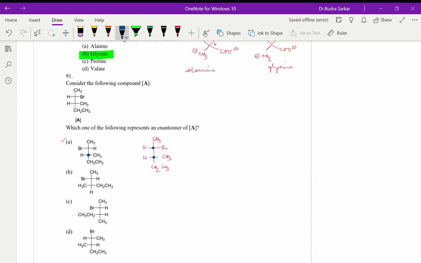Okay, but this carbon and that carbon does not match. Okay, we will say these two centers do not match.